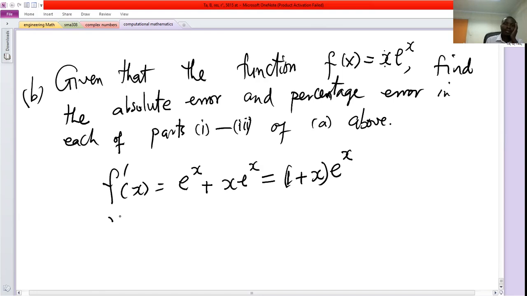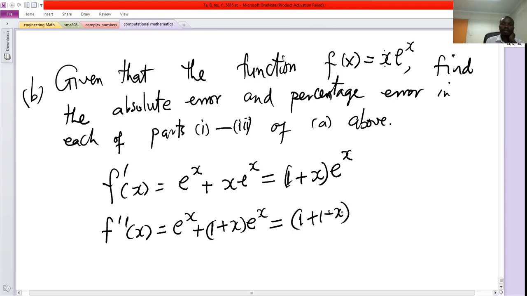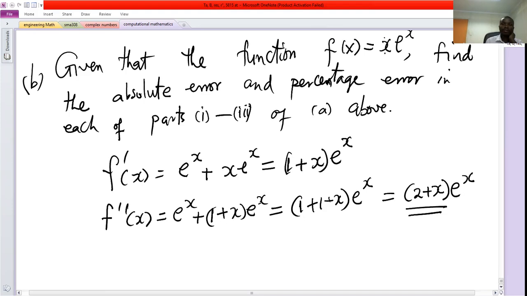Now the second derivative, we differentiate this one also by product rule. So this to be u, this to be v. u prime is 1 times v is e raised power x, plus v prime is e raised power x times this bracket, 1 plus x e raised power x. On simplification it will be 1 plus 1 plus x e raised power x, which is 2 plus x e raised power x. So this is the second derivative.